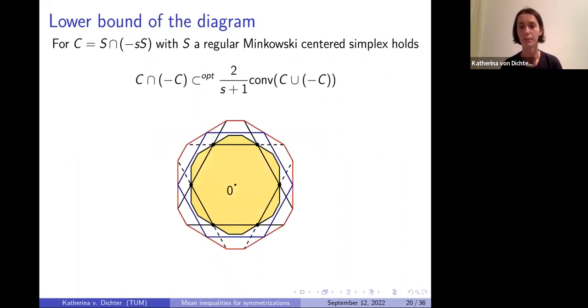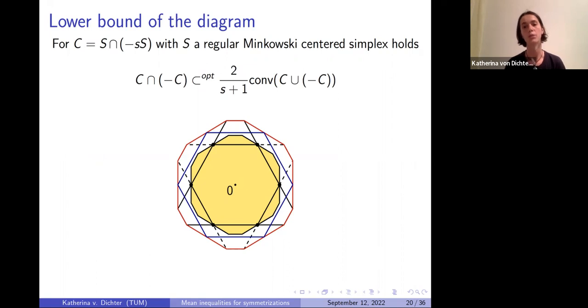Here I have a picture showing all the symmetrizations for this construction. The black dots are the vertices of the convex hull of the intersection of C and minus C. The yellow one corresponds to the harmonic mean.